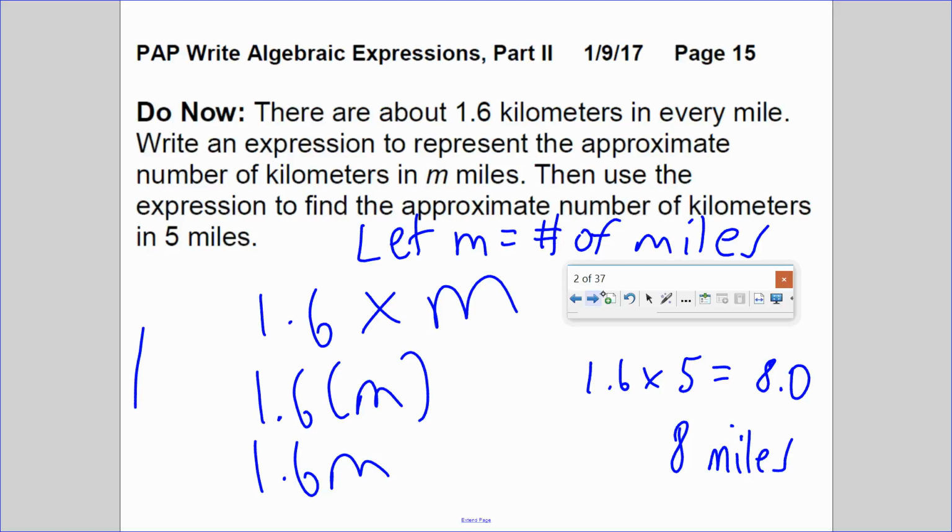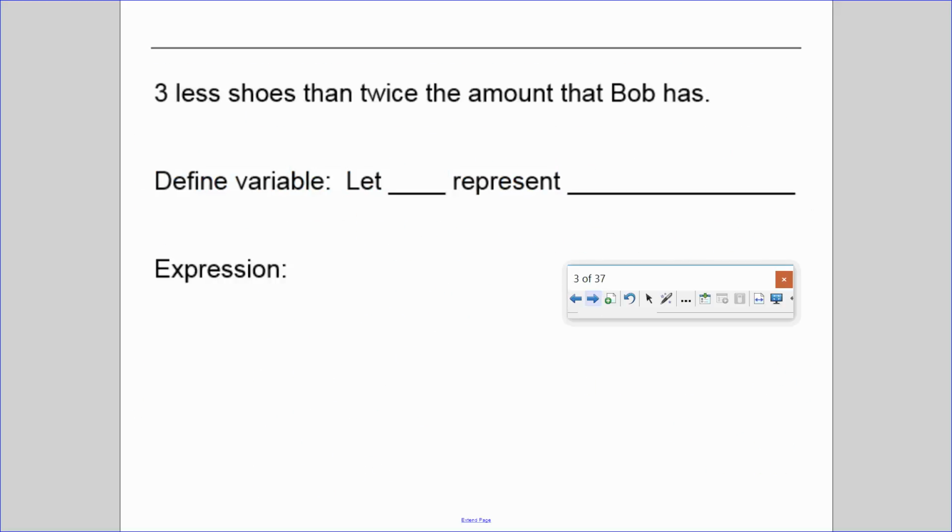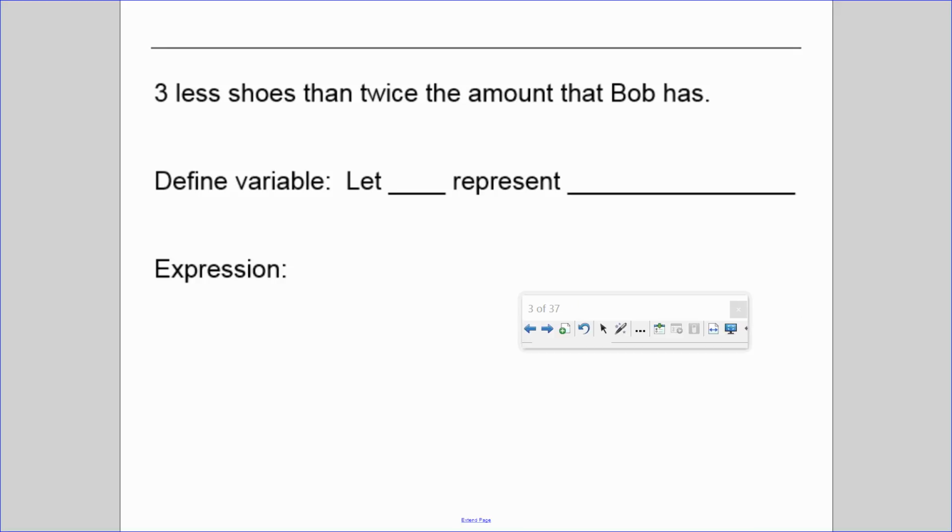So let's practice some more. 3 less shoes than twice the amount that Bob has. Do we know how many shoes that Bob has?